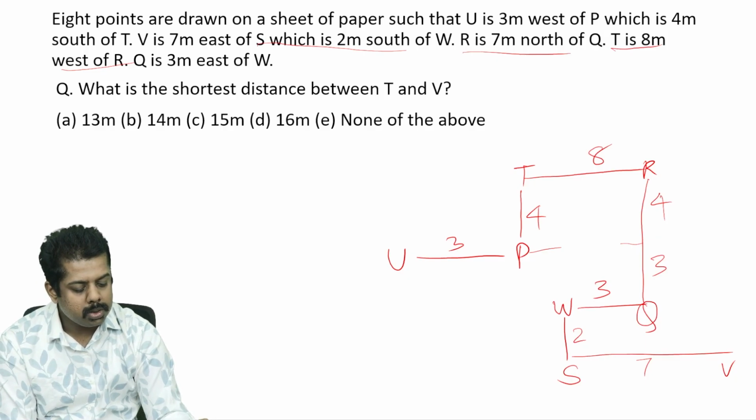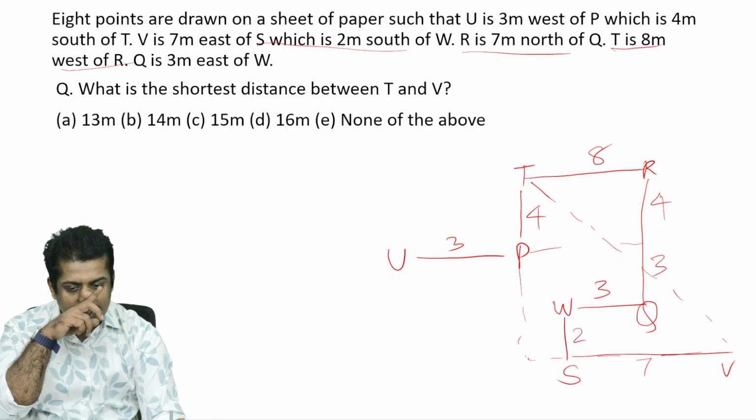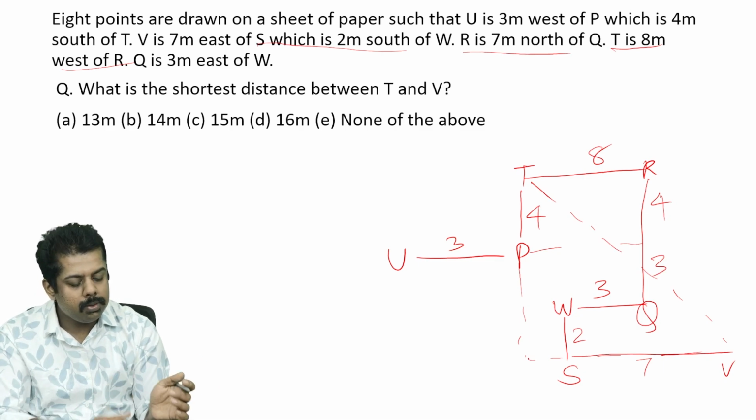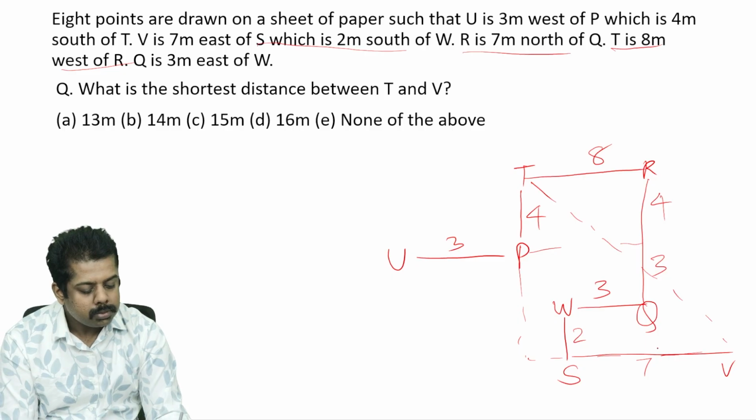Now what they have asked is the shortest distance between T and V. So we can draw a right angle triangle here. Just try to find the base and height of the triangle. Going for the base first: this much is 8, this much is 3, and this is 4.